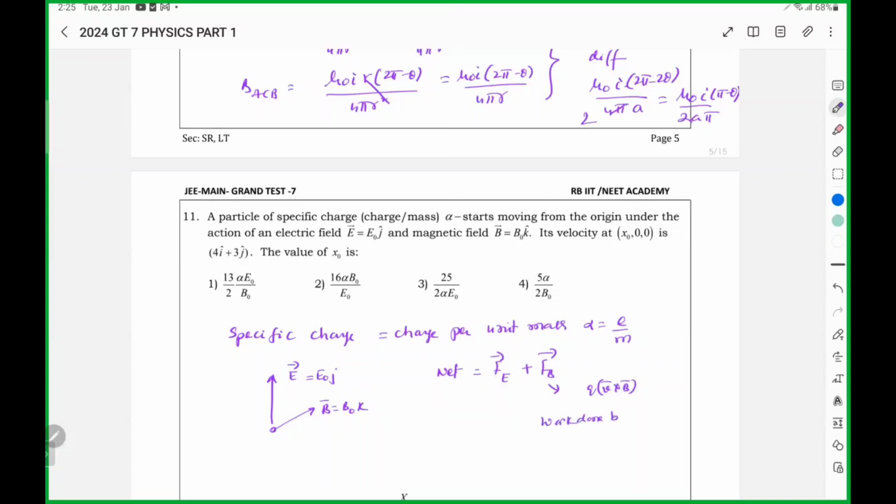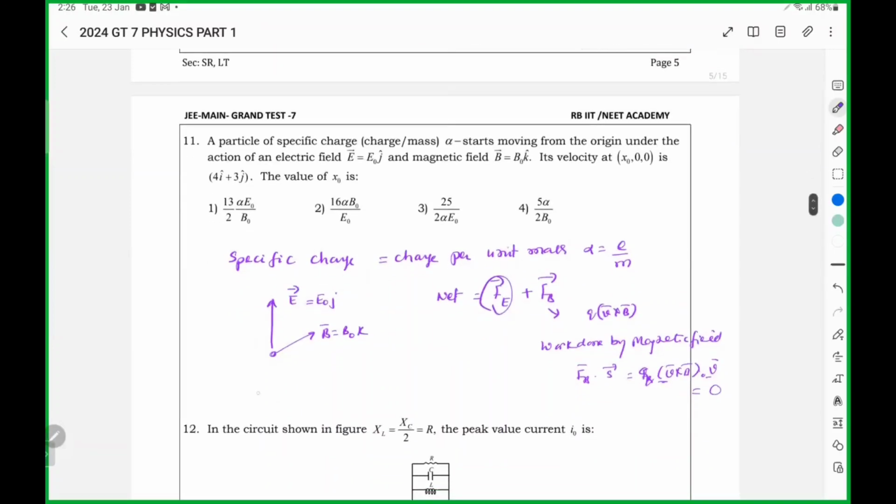The work done by magnetic field is F dot V, that is Q V cross B dot V. Since V cross B and V are perpendicular, this becomes 0. So the only work done is due to the electric field.